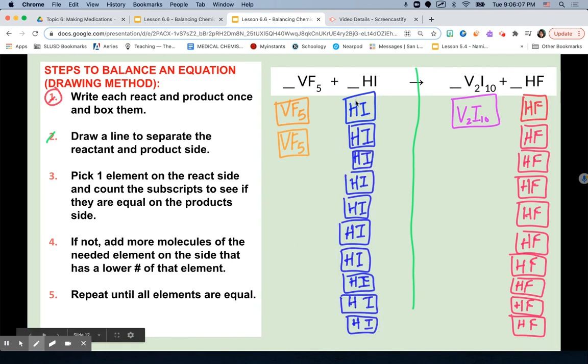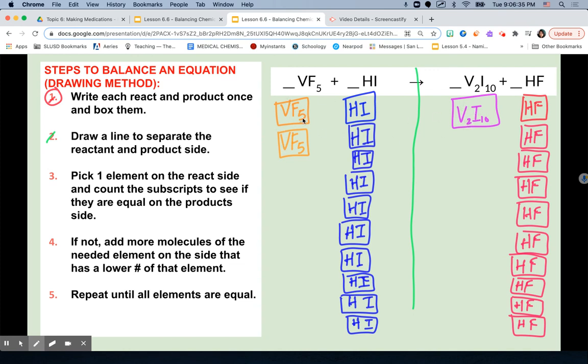Okay, so here I drew 10 H's on the reactant side. So now my H's match. 10 on the products, 10 on the reactants. Lastly, I have I. I have 10 I on the product side, and oh, look at that, 10 I's on the reactant side.